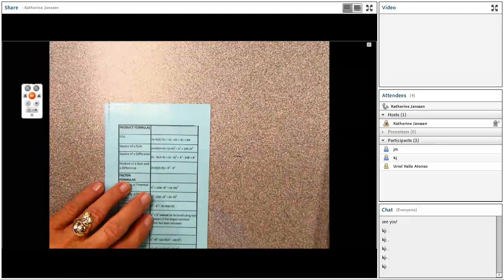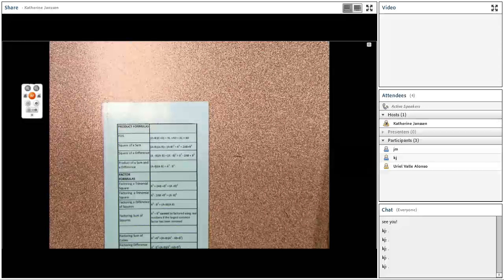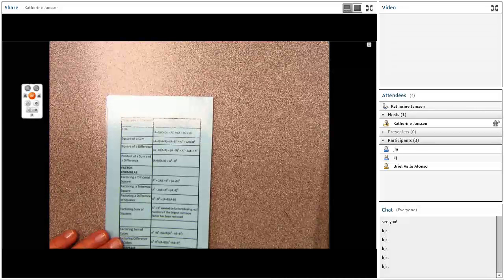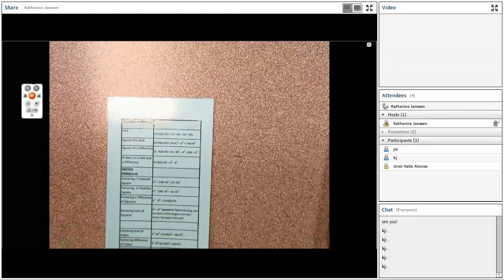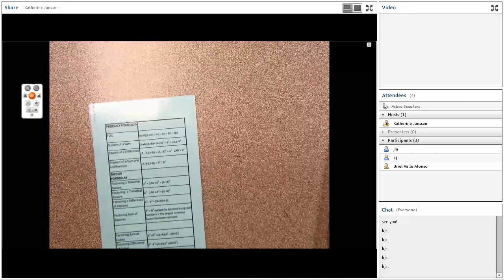We end up with A squared minus B squared because in FOIL, the middle terms are opposites of each other and cancel out. So carry your blue card with you now as we work through this chapter and beyond. Just put it in your study materials. And again, it's to be used for testing and homework and such.